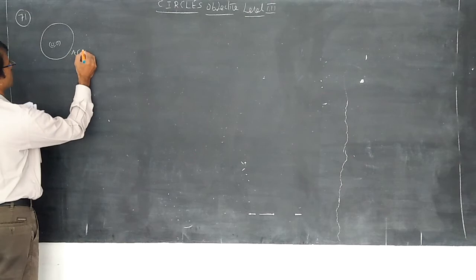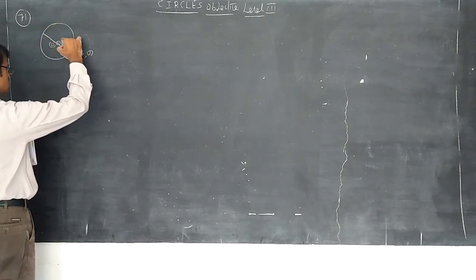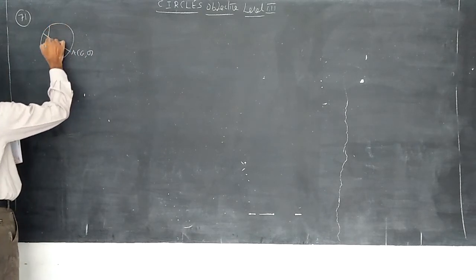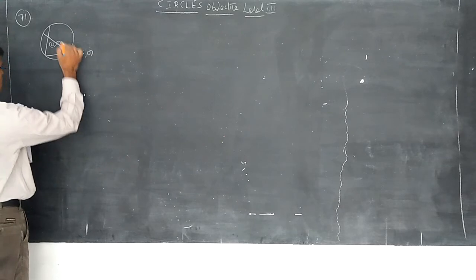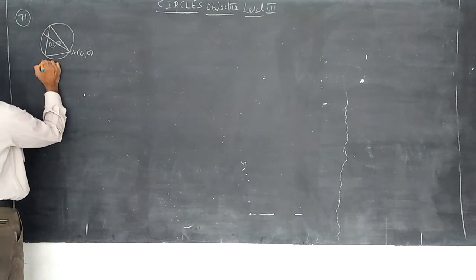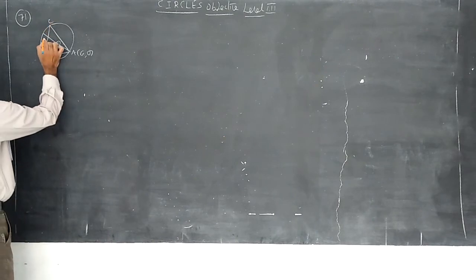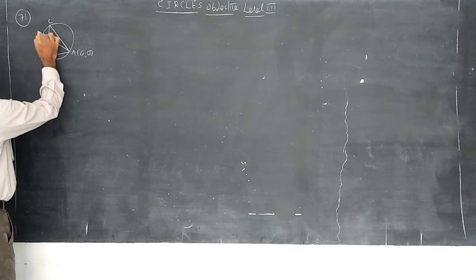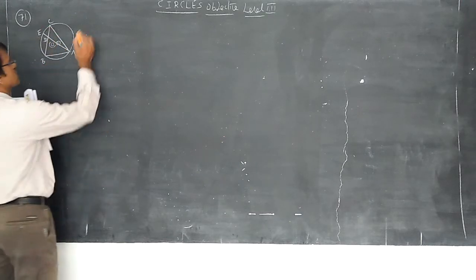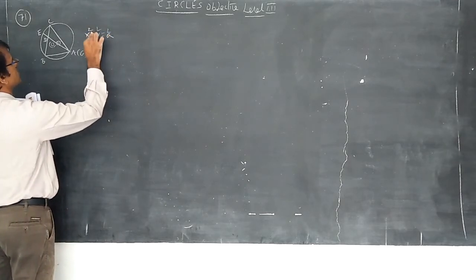Put a comma 0 here and draw like this. He is discussing an equilateral triangle like this. Put BC here, D here, and this is E. The circle is given as x square plus y square is equal to a square.